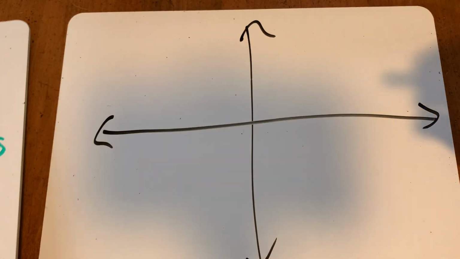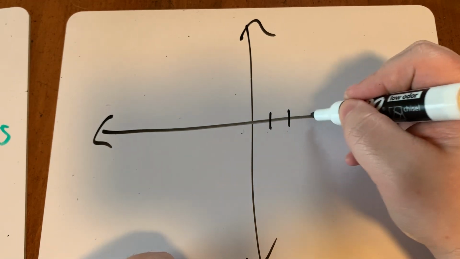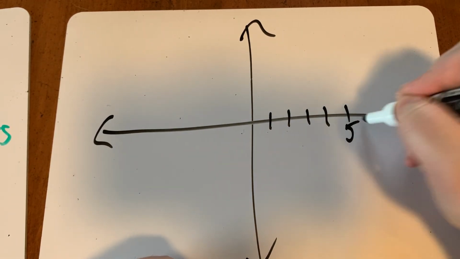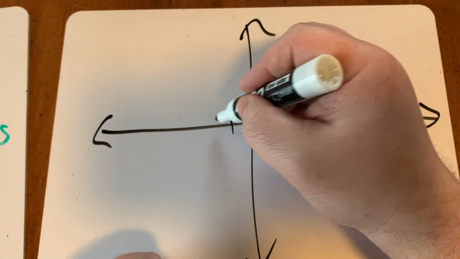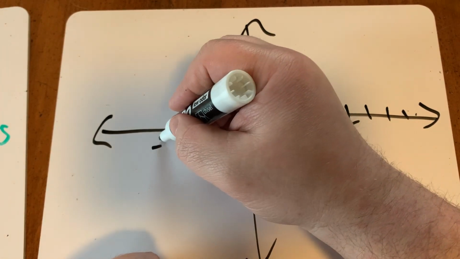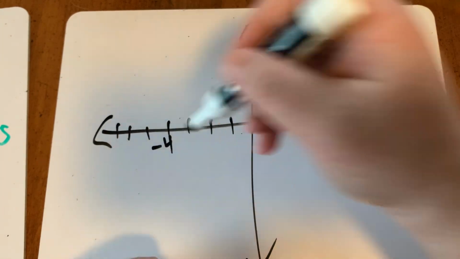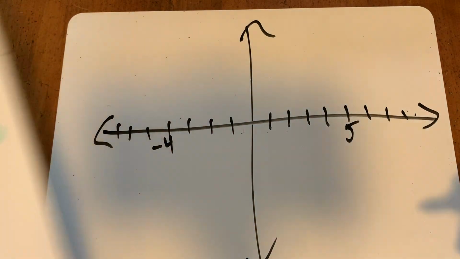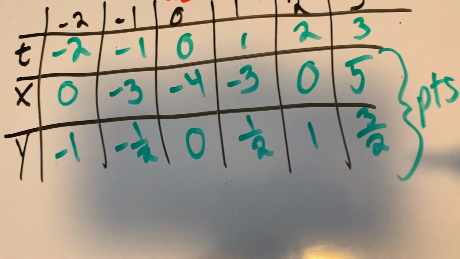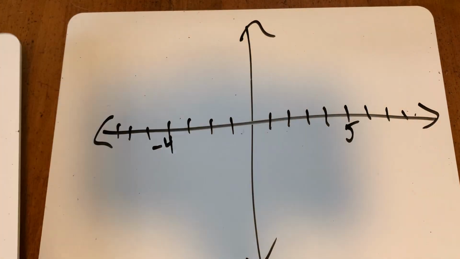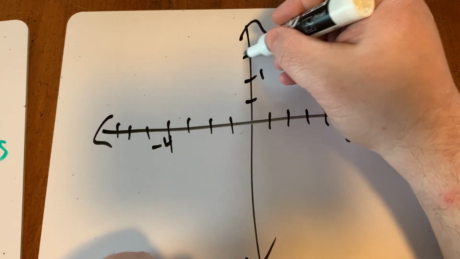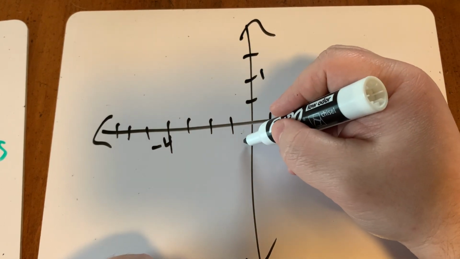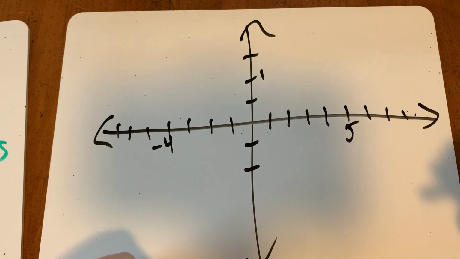So a scale of 1 will be practical: 1, 2, 3, 4, 5, that's our highest value, and then down to -4, our lowest value. And for the y's, it was -1, -1/2, 0, 1/2, 1, and 3/2. So I'm going to do a scale of 1/2. So 3/2 is the highest and -1 is the lowest.